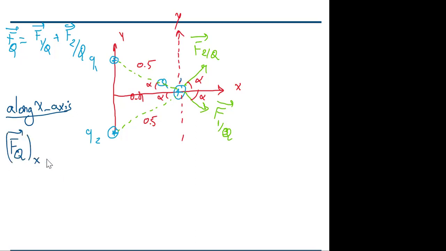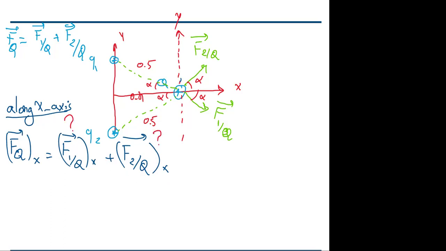The X component will be equal to the X component of F1 on Q plus the X component of F2 on Q. So our question comes back to the following: what is the X component of this vector, and what is the X component of the second? Let's start with the first.